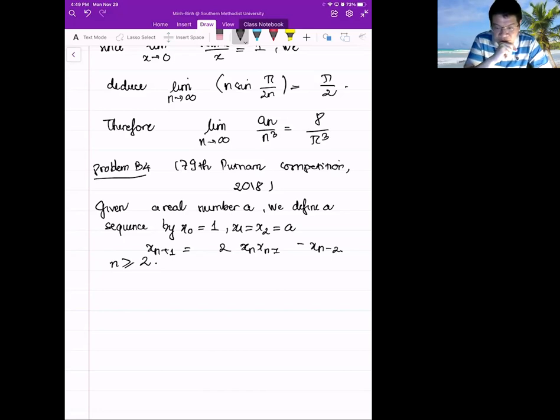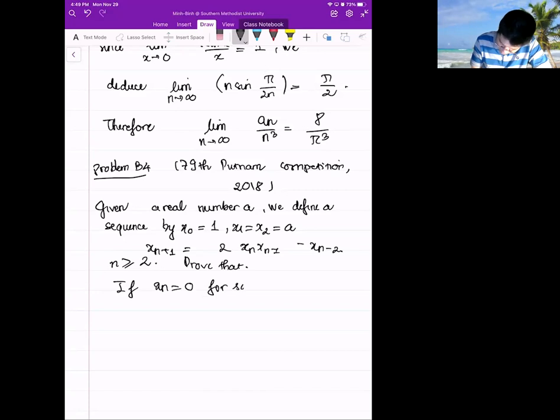All right. So we have to prove that if x_n is equal to 0 for some n, then the sequence is periodic.